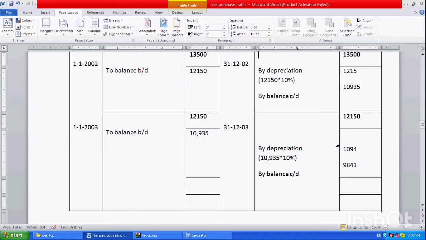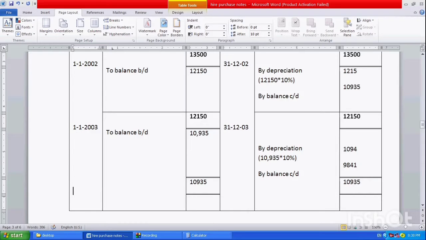So here we have got the ledger balance lines. So 10,935 and 10,935, write on both sides, 10,935. Now what is the carried on amount? 9,841.